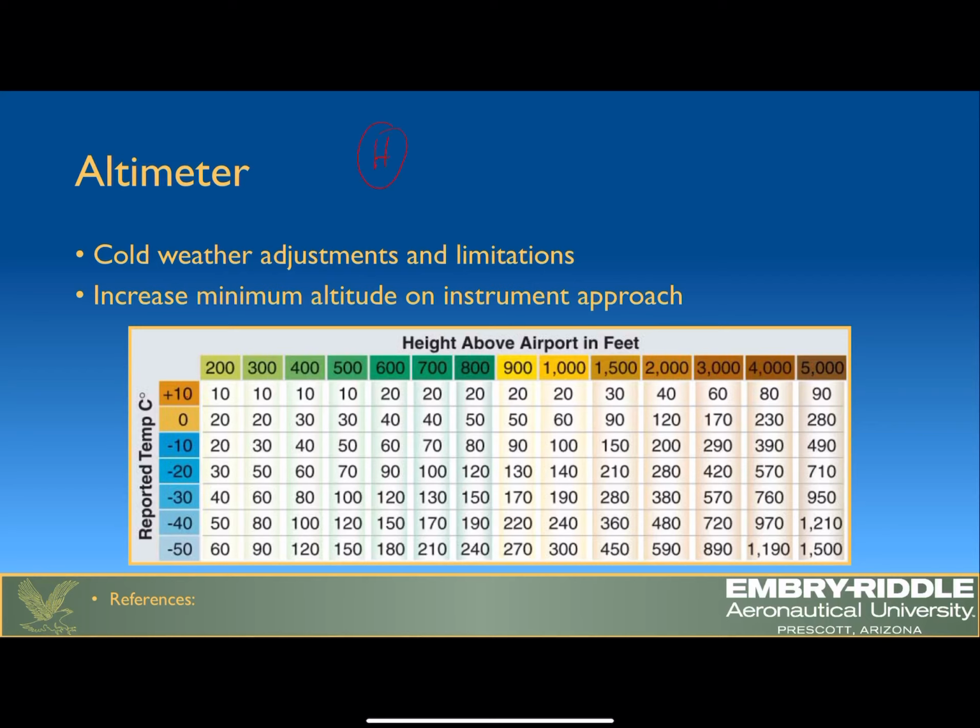This is the reason you don't really see high temperatures, because when flying from high to low, when you're flying down, if you maintain indicated altitude, your true altitude is decreasing. So you can see here our true altitude is decreasing, flying from high to low. So we want to be careful about cold weather airports. This chart helps us with making adjustments to our altitude.